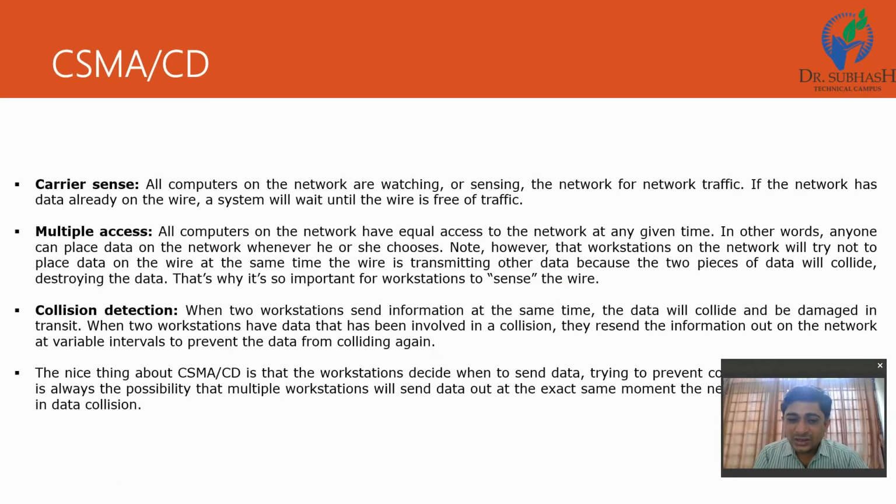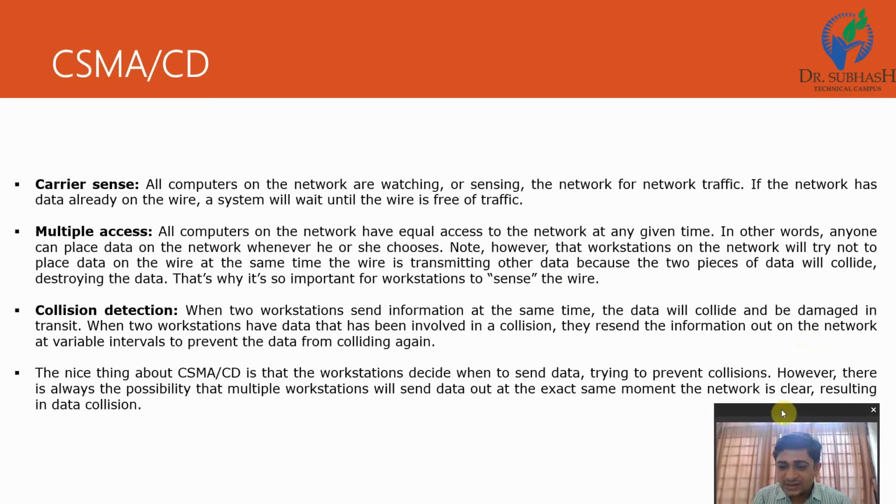So now once again we deeply revise the words: carrier sense, multiple access as well as collision detection. What is carrier sense? All computers on the network, there are so many computers on the network, are watching or sensing.